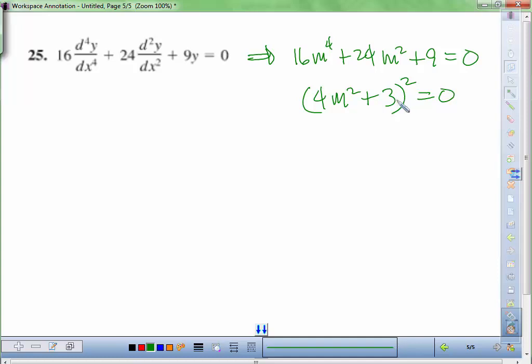And inside here, remember that you're looking for 4 roots, right? So inside here, we're going to get, let's see, m is equal to the square root of -3 over 4. So this is going to give us complex numbers, right?